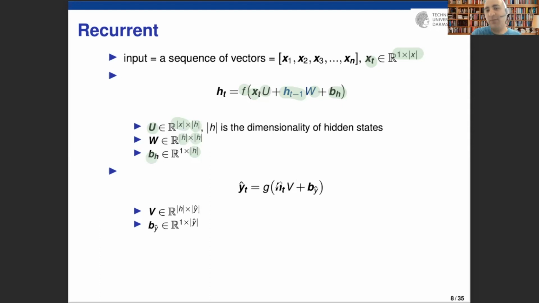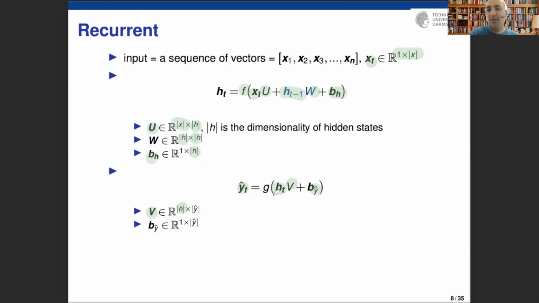The only thing that we need to do, as always, is take h_t and multiply that by a matrix V, and add a bias term associated only to the output layer.